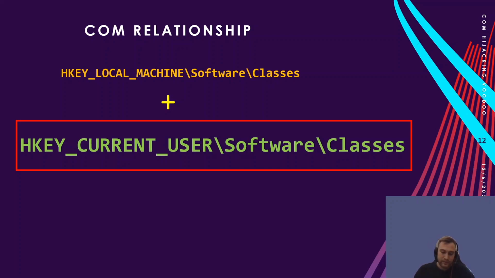More specifically, if an attacker has an entry in the current user registry with a malicious DLL, this entry will run first over the local machine registry entry.